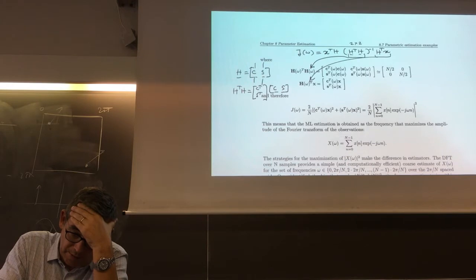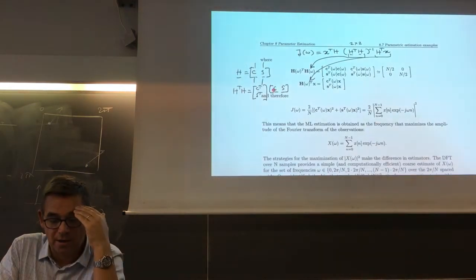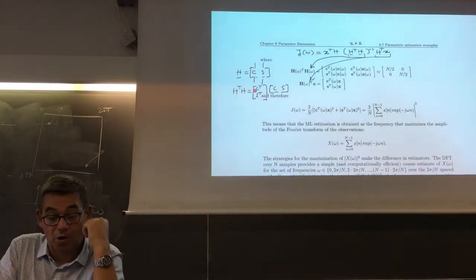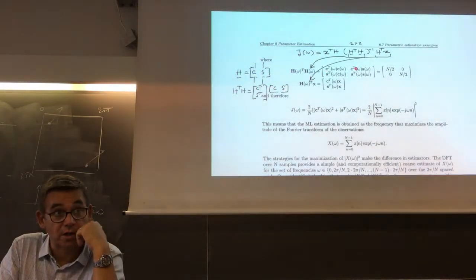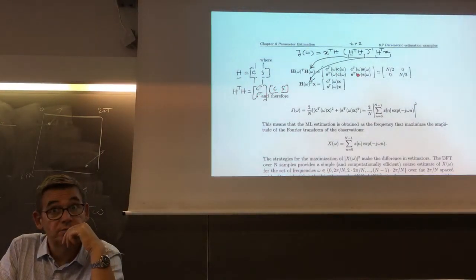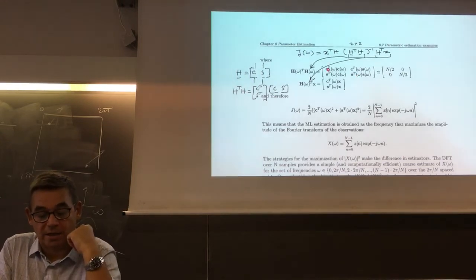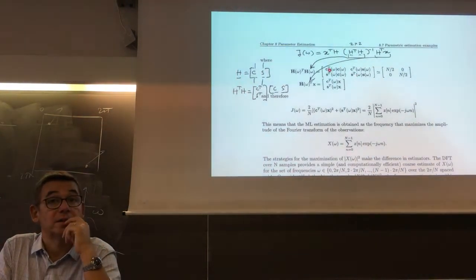So in the first position, I have cosine transpose of cosine, cosine transpose of sine goes there, sine transpose of cosine goes there, sine transpose of sine goes there. But what is cosine transpose cosine?